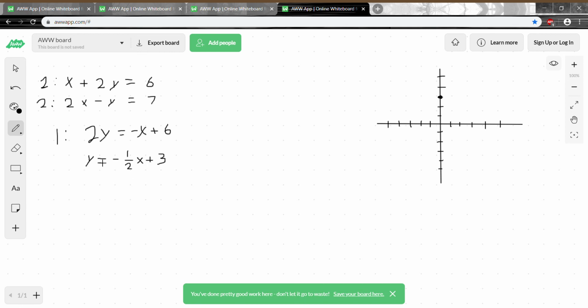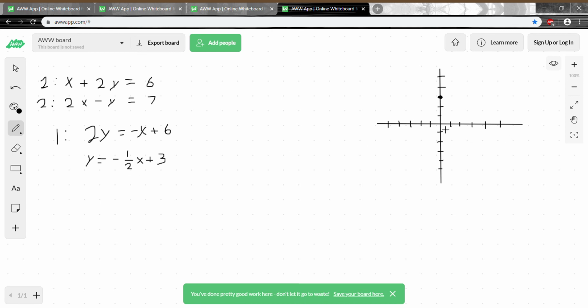When y is equal to 0, let's see. If we plug 4 in for x, let's just say 4 is an easy one to do. That's going to give us negative 4 over 2, that's negative 2, plus 3. Negative 2 plus 3 is 1.